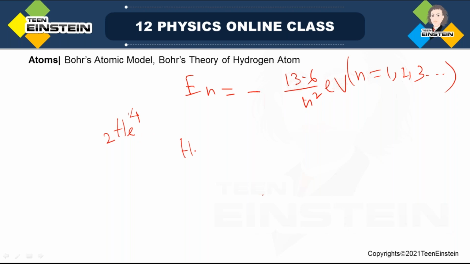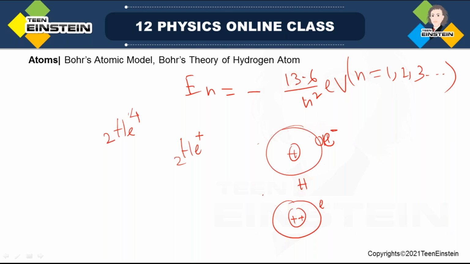So if I have singly ionized helium, meaning 1 electron goes, you'll get 2 protons and 1 electron in that case. Hydrogen has only 1 electron, and proton also is 1 in this case, but in some cases proton may be 2 but electron is 1.